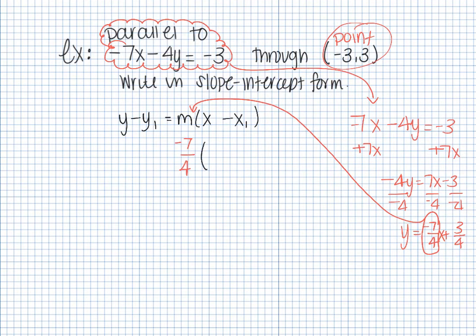And then I use the point that was given to me in the question. So the point negative 3, 3, which means where there was a y1, I'm going to put a 3. Where there was an x1, I'm going to put a negative 3. So I have y minus 3, and then x minus negative 3 turns into plus 3. Now I need to solve this thing for y.